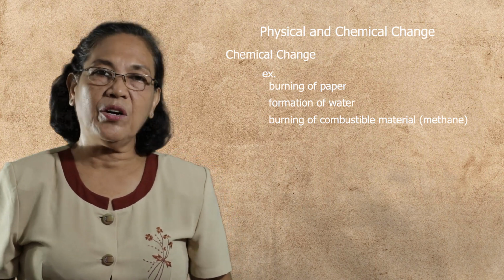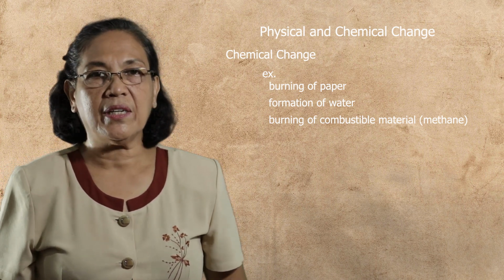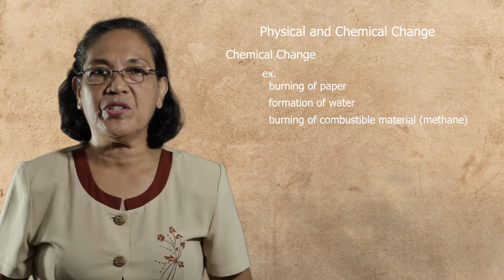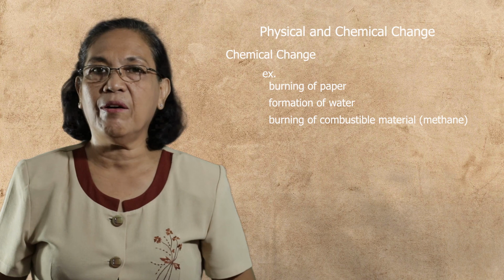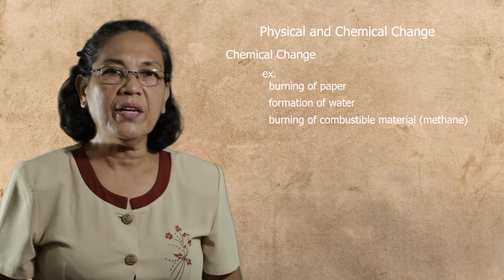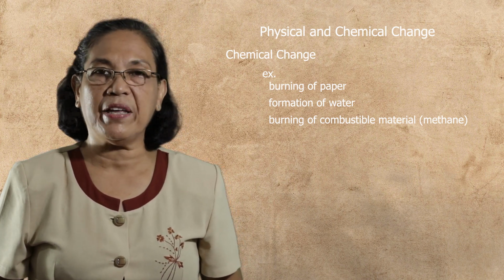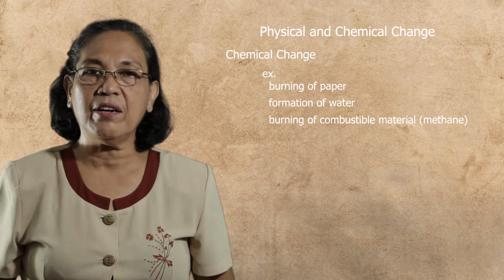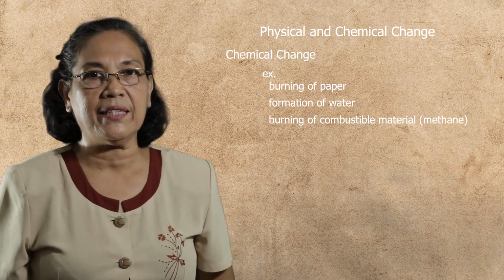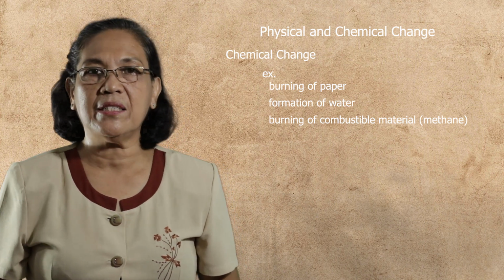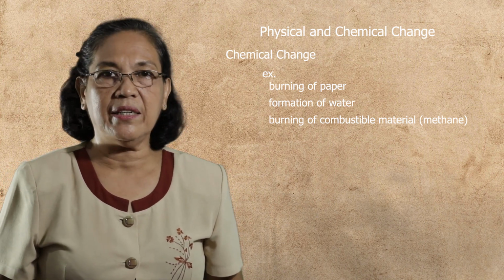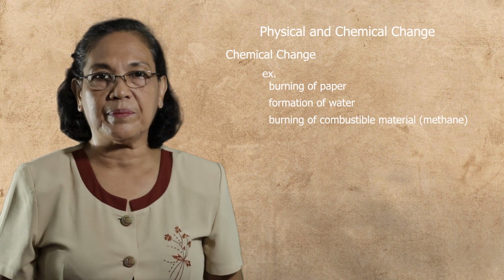When this undergoes combustion, this will react with oxygen in order to form carbon dioxide and water. So the component CH4 of methane is no longer found after it has reacted with oxygen because its final product is the carbon dioxide together with water.